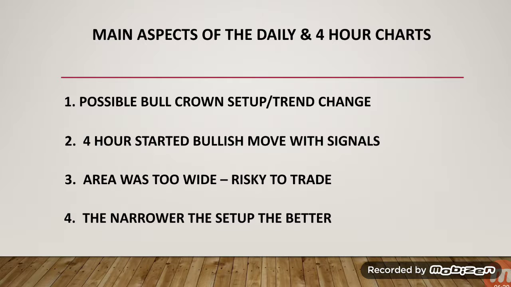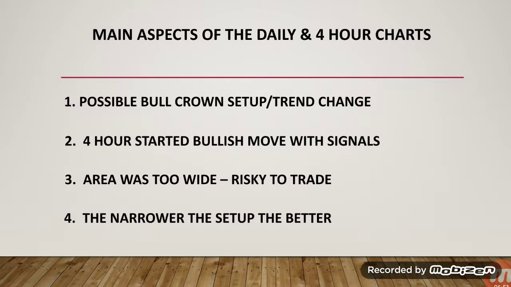The overall setup was that the market appears to have formed a bull crown setup to start a trend change. And the 4-hour chart had started this move with a bullish signal in the form of the double bottoms and the bullish candle. But my concern, I was actually contemplating trading it.